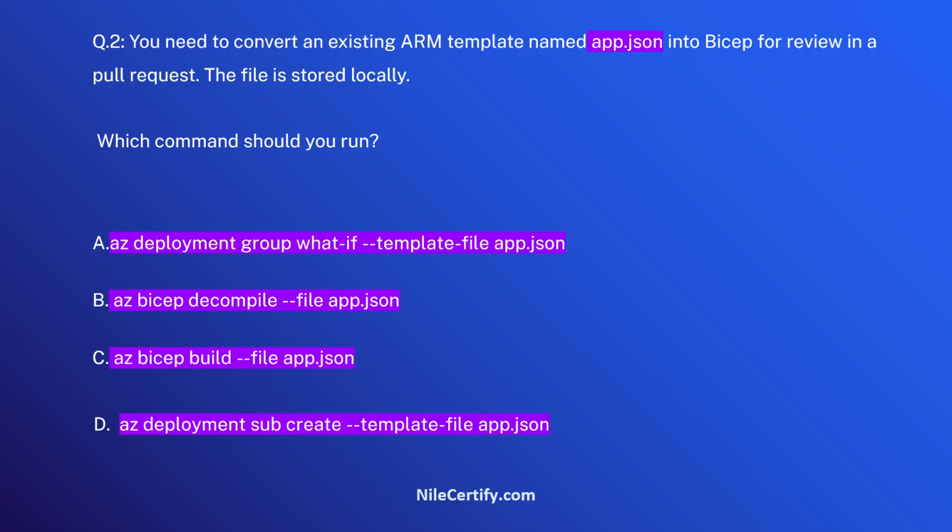Key differences to remember: decompile transforms JSON to Bicep, which is great for migrating old templates and code reviews. Build is Bicep to JSON, used before deployment. What-if is a preview of changes with no format conversion, and deployment create actually deploys, so no conversion is involved.